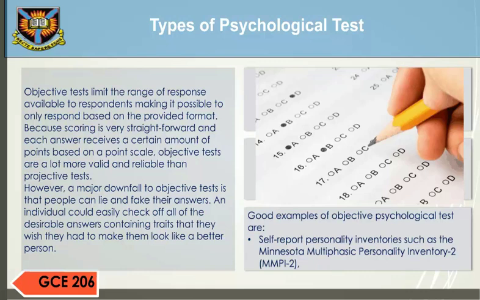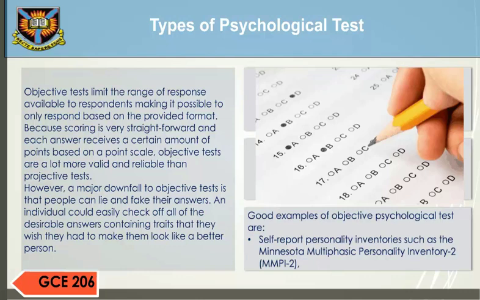However, a major downfall to objective tests is that people can lie and fake their answers. An individual could easily check off all the desirable answers containing traits that they wish they had to make them look like a better person.